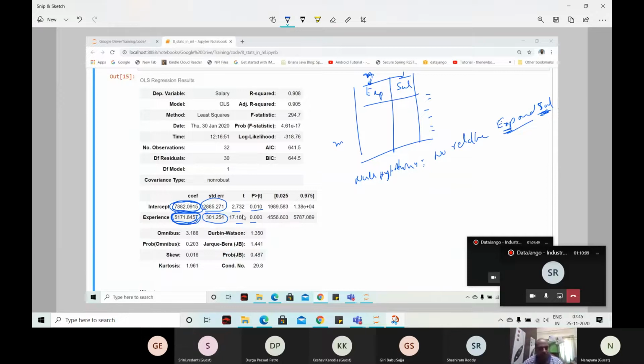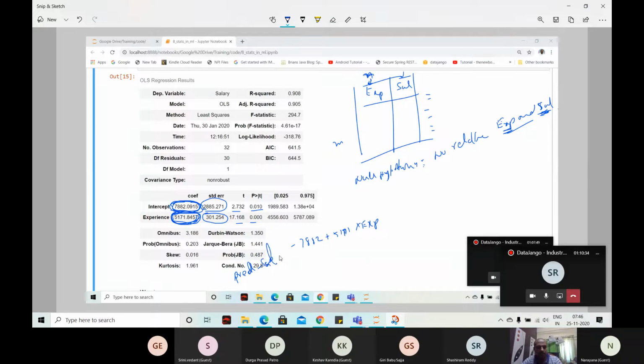In the null hypothesis situation, how many times are we getting these numbers as coefficients in the equation? What are these numbers? 7882 plus 5171 times experience is the predicted salary. I will put it as pred sal.